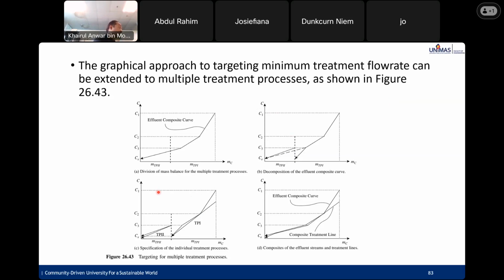To start with, division of mass balance for the multiple treatment processes, then decomposition of the effluent composite curve. We have 2 specifications of the individual treatment processes and the composite of the effluent stream and treatment.